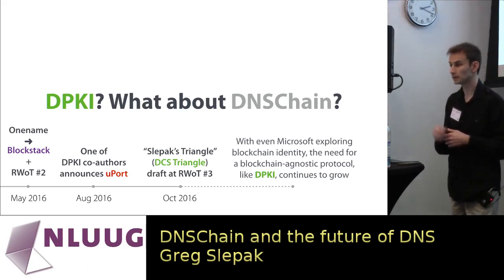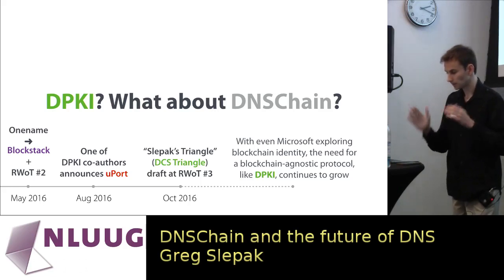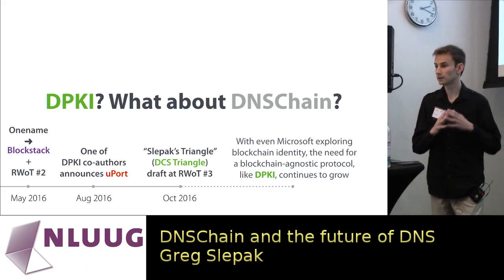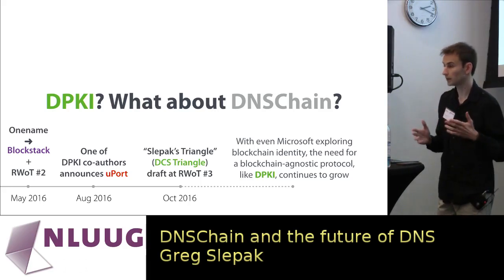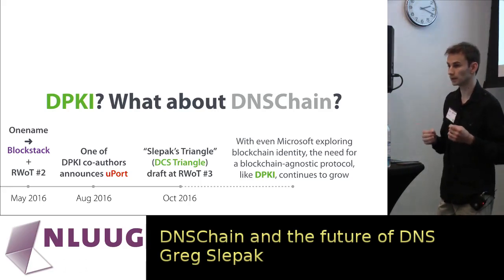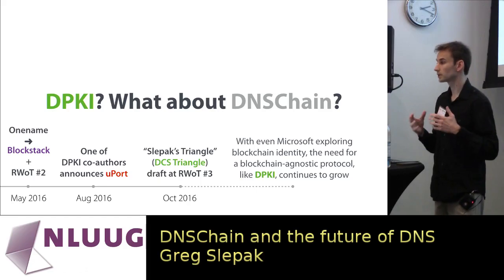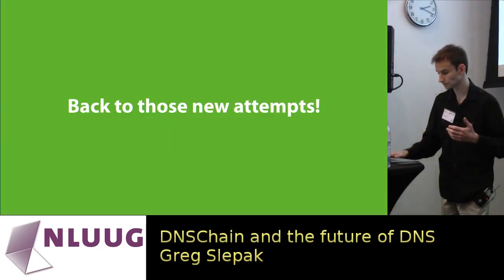And that is another important thing that I'll be covering today. So, with many companies now in this space exploring blockchain identity, the need for a blockchain-agnostic protocol, like DPKI, continues to grow, so that we can actually use this stuff in web browsers.